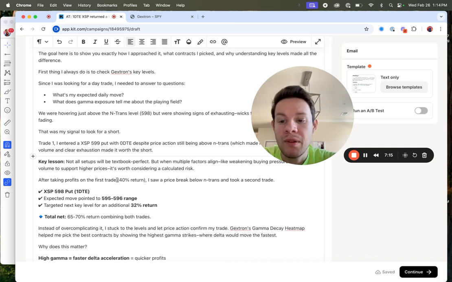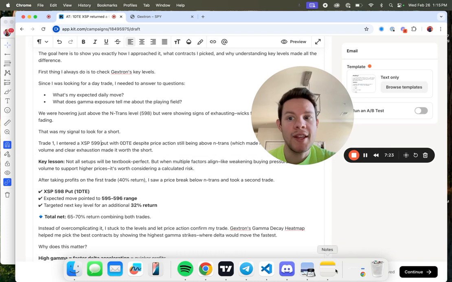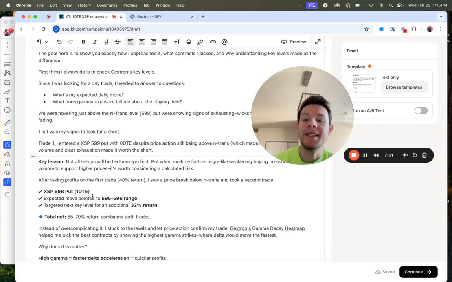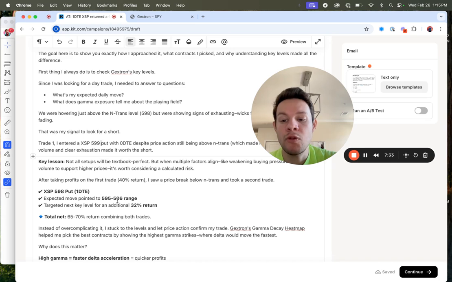After taking the profits, I saw a break below the entrance level and took a second trade. That's where the XSP 1DTE comes into play. I took an XSP trade for a 598 put 1DTE with the expected move to hit the 595, 596 range, and then target the next key level for an additional 32% return.